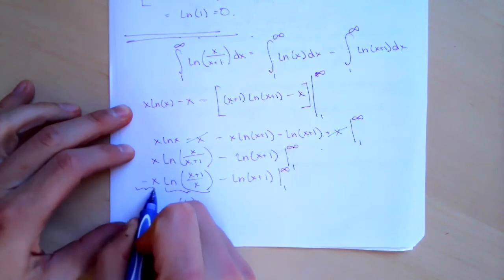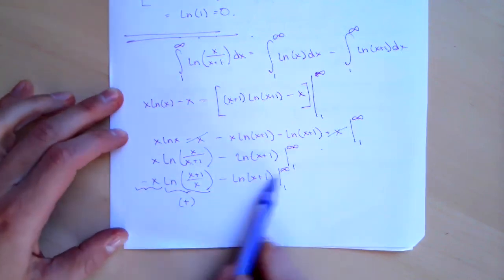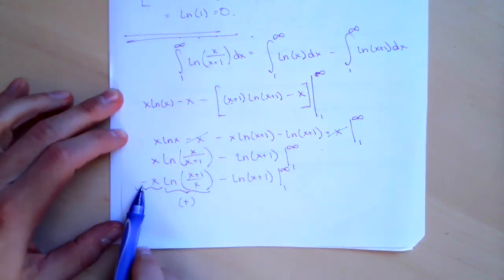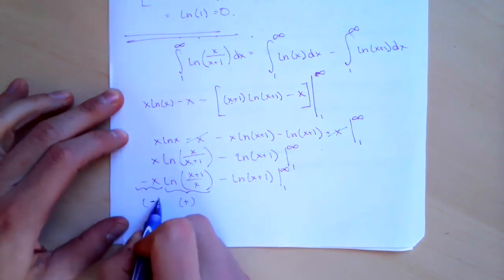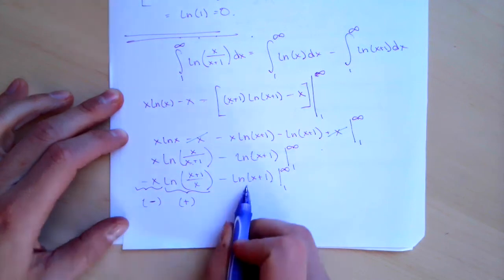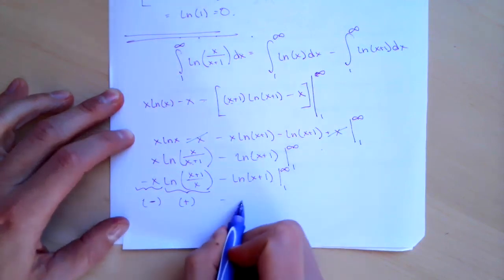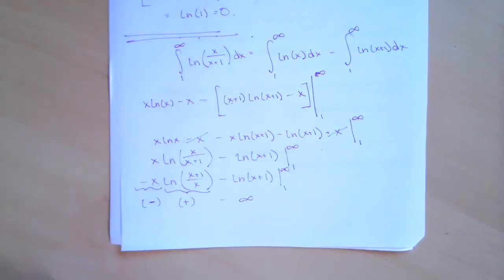But again, I'm plugging in numbers getting close to infinity, which are positive numbers, and now I have that minus sign out here. That term's going to be negative. And what's happening with this term? It's going to be minus infinity.